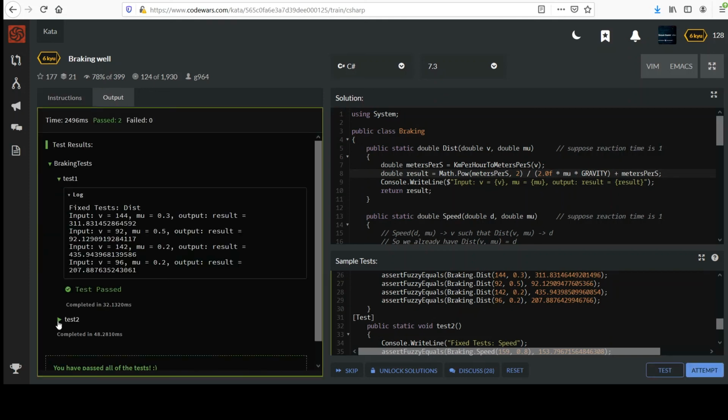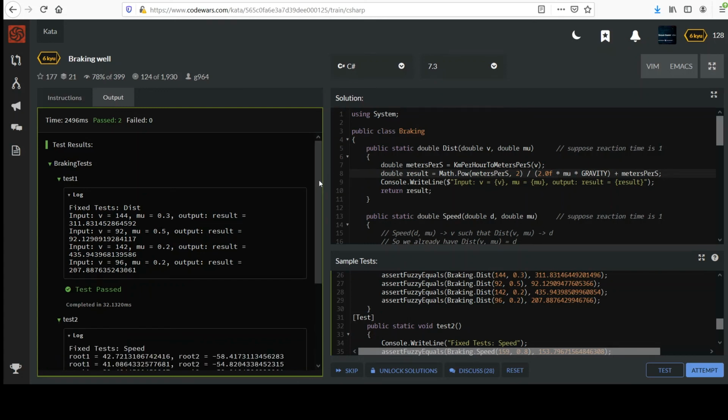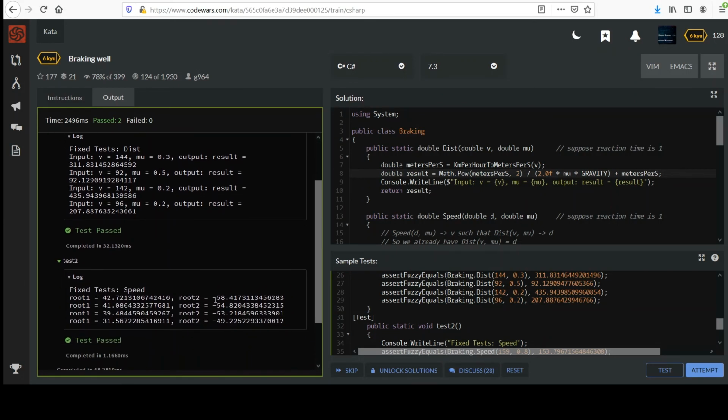You could expand these to see what kind of roots you were getting. See on the second one how they're negative. I didn't want a negative velocity, so we take the root that makes sense for our problem. That's why I did that.